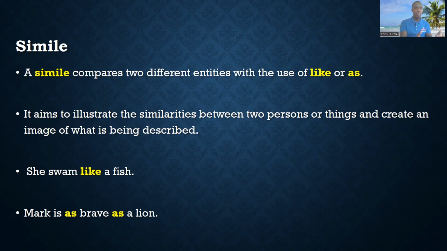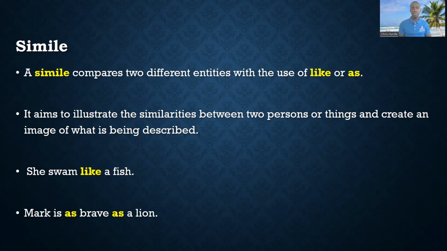So if I don't know what X is like, I can compare it to Y so that people can understand what X is. You see what I mean? And of course, if we're talking about similes, then we have to use like or as. So if I say X is like Y, or X is as whatever as Y, then my intention is for you to understand what X is by comparing it to Y, right?